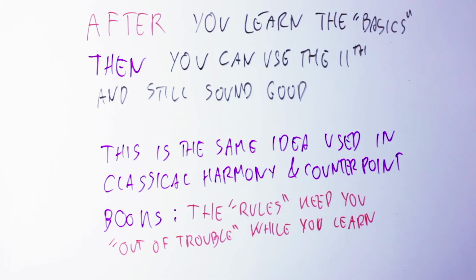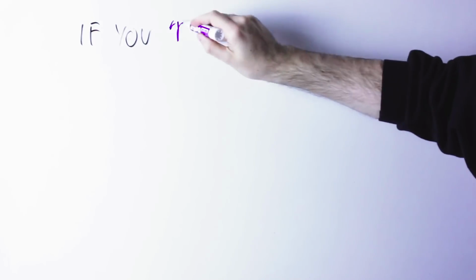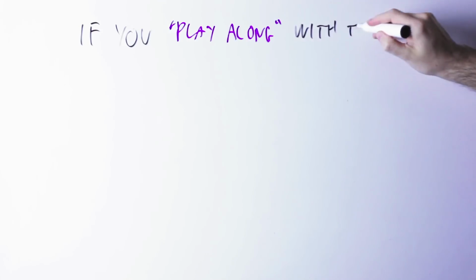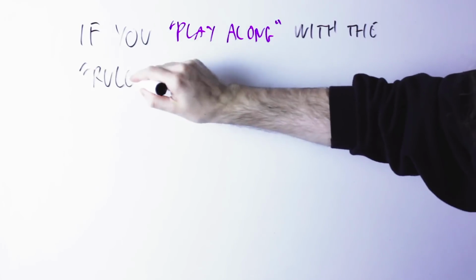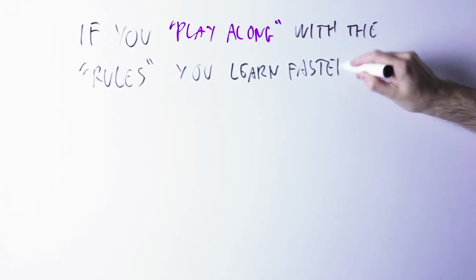All those rules are helping you choose how to put those notes together so that they sound good. So every note that may sound bad in some specific situation is just completely forbidden for the time being, so you don't have to worry about those. But again, those rules are just guidelines while you learn.